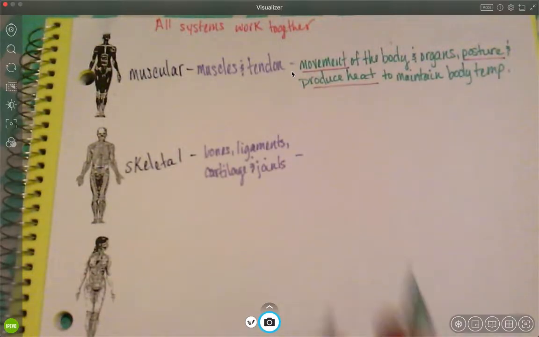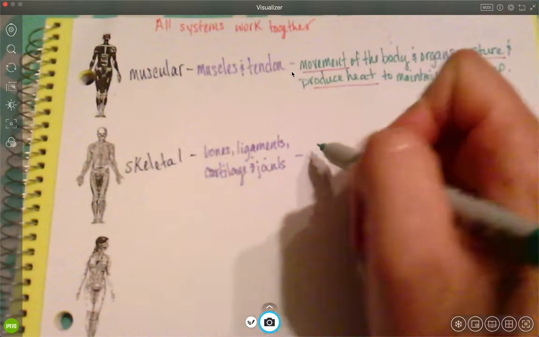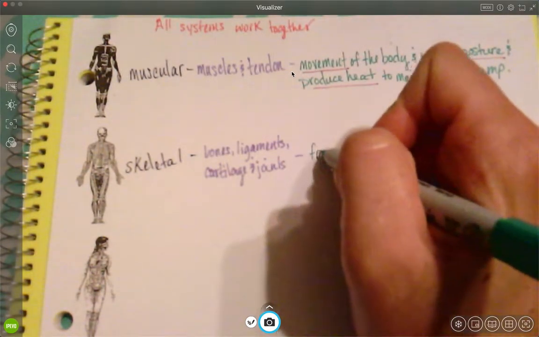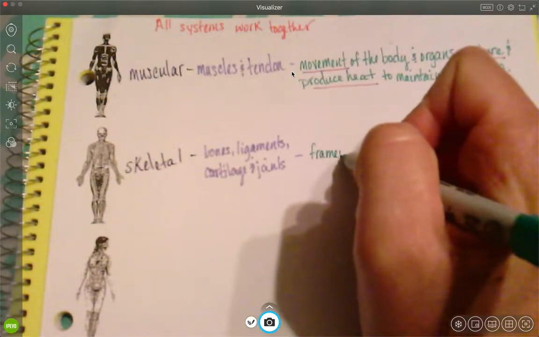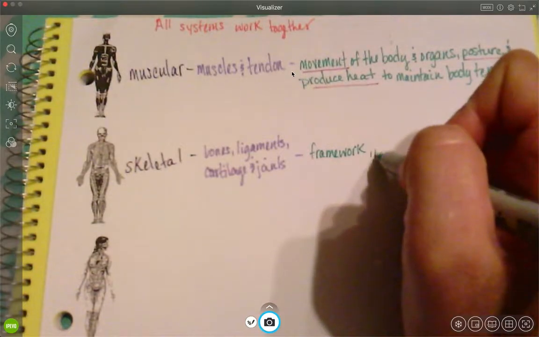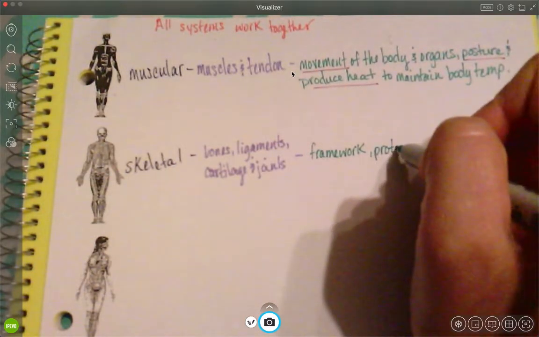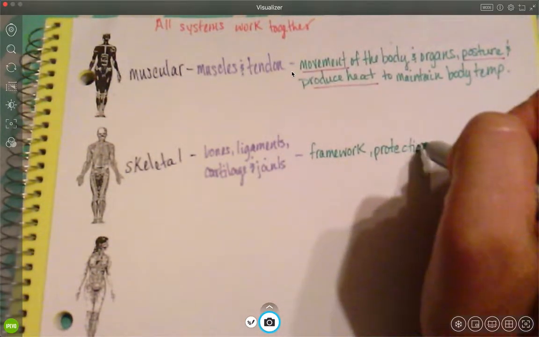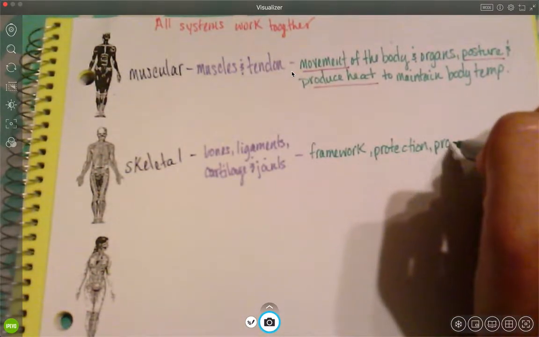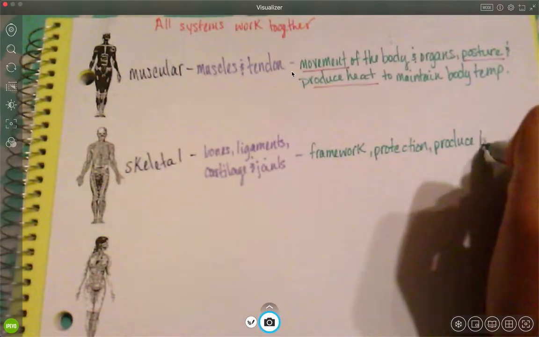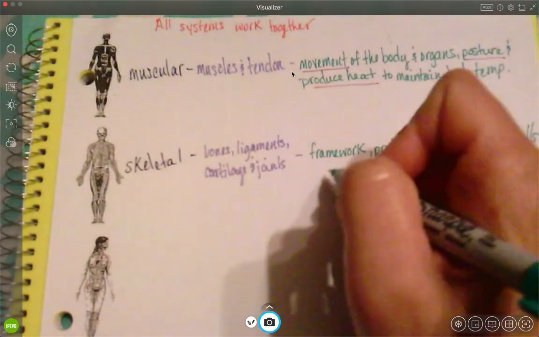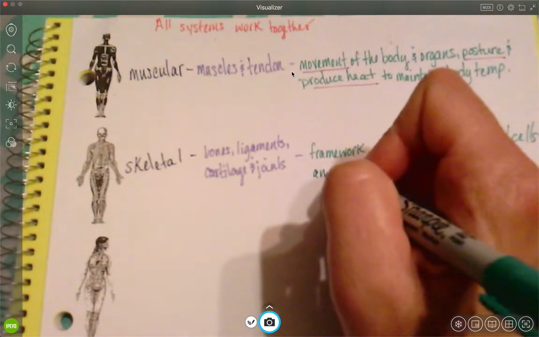So, functions. The main function is going to be my framework, protection, produce blood cells, and storage.